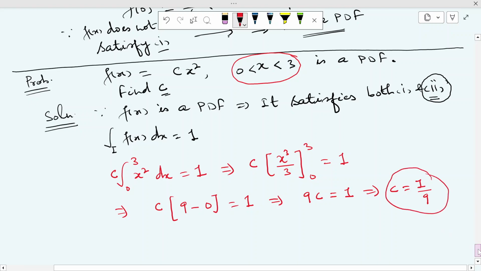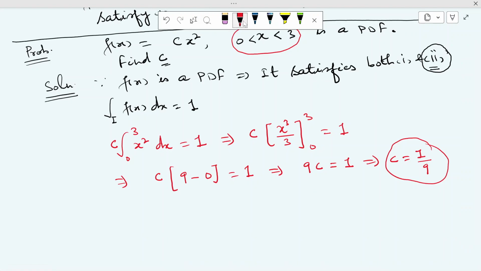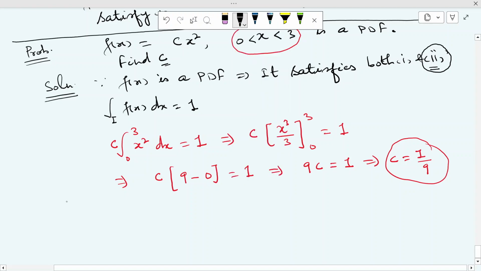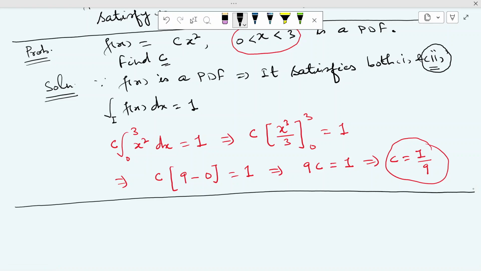So this is how we can deal with the problems related to the probability density function.